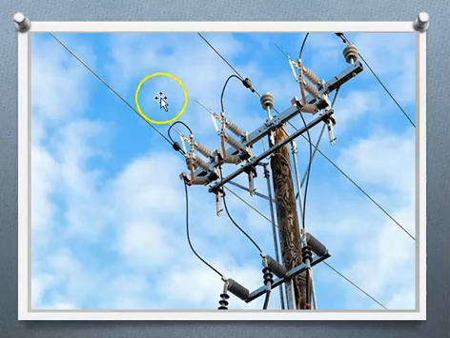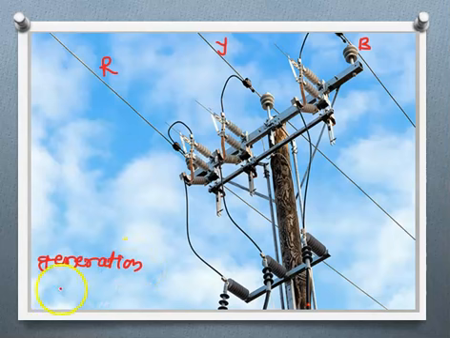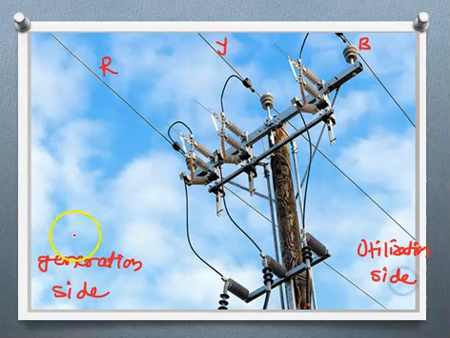We have discussed these supply lines, which are named R line, Y and B, this is our phase sequence. Suppose this is the generation side and this is the utilization side.